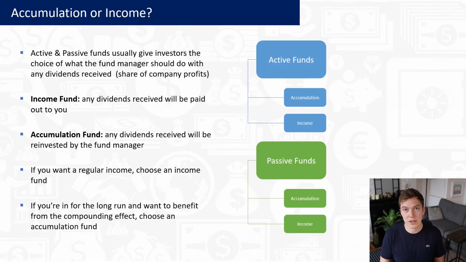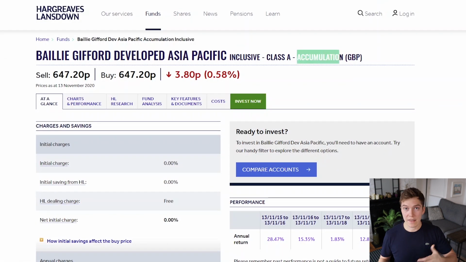I would say that personally, if you're invested for the long run, then you'll probably want to go with an accumulation fund. The main reason being that you're going to benefit from compounding, reinvesting dividends received. And one of the biggest upsides of that is that there's no charge for that. The fund manager will collect the dividends paid from the companies that it's invested in, and then they'll just reinvest it, and there's no charge for you.